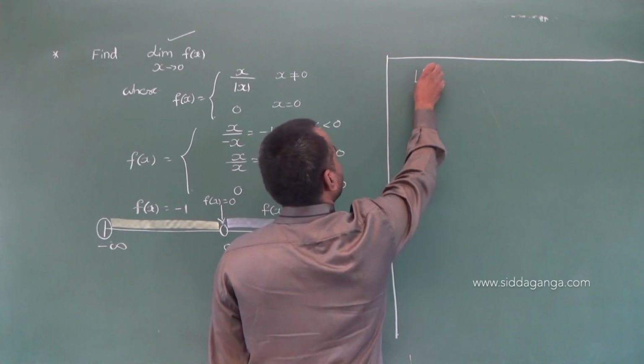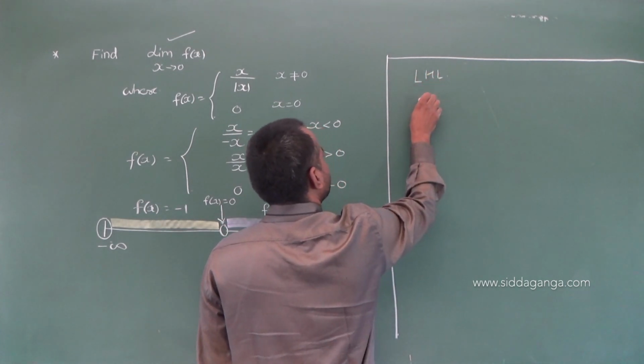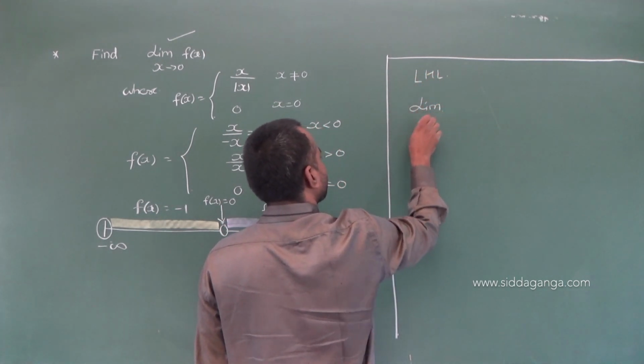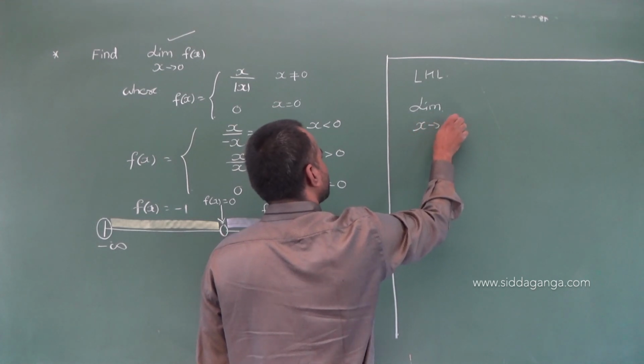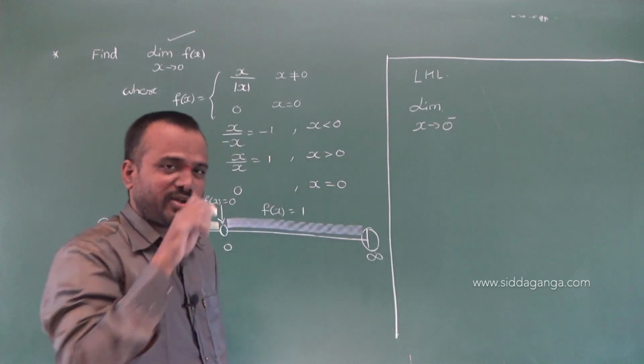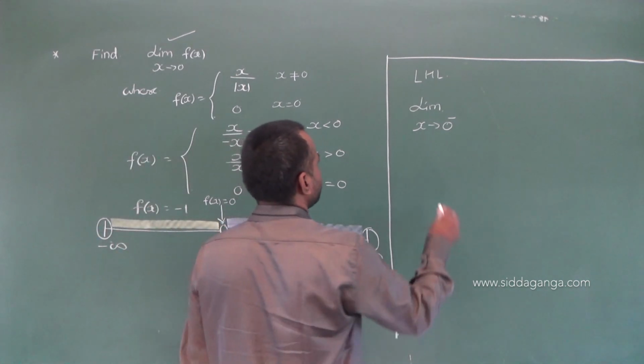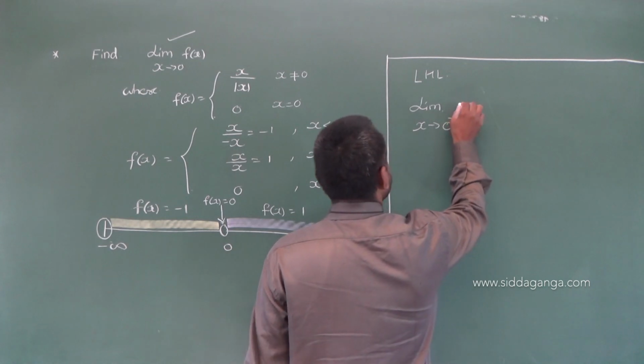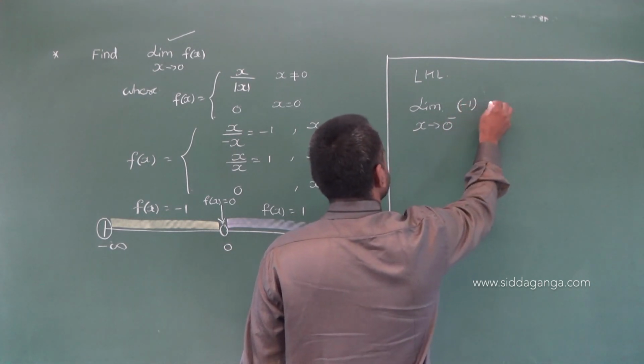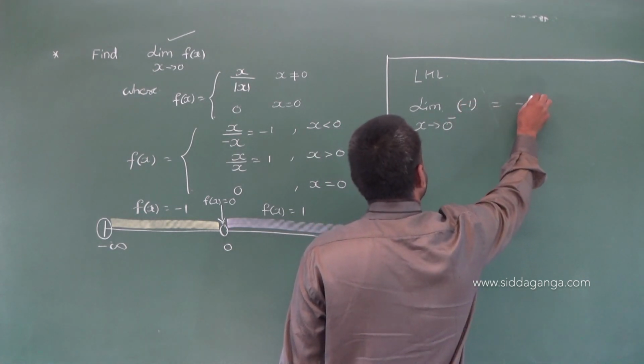First, the left hand limit: limit x tends to 0 minus of f of x. The function is a constant, so the answer is minus 1.